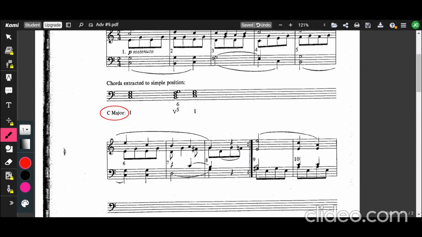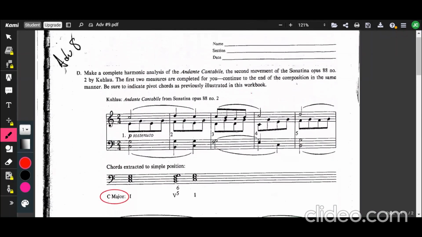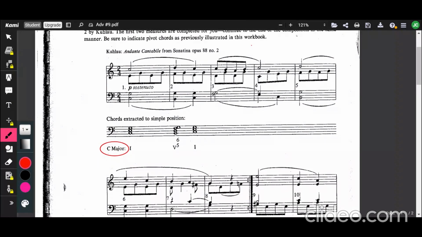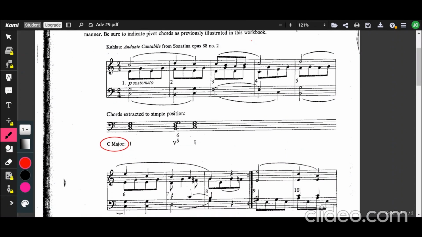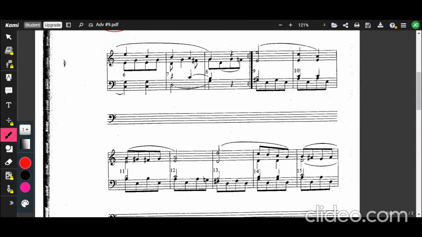Today I will be walking you through a harmonic analysis of measures 9 to 15 of Kuhlau's Andante Cantabile. First of all, this piece is in C major, and at measure 9, you start getting a lot of weird accidentals in the music, kind of like it's going to a different key.